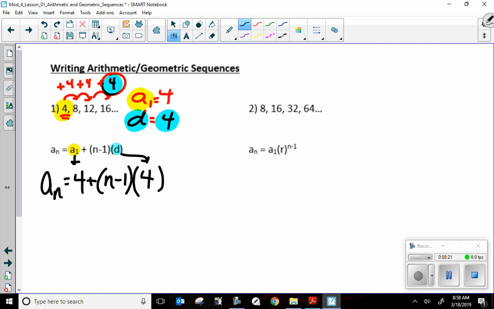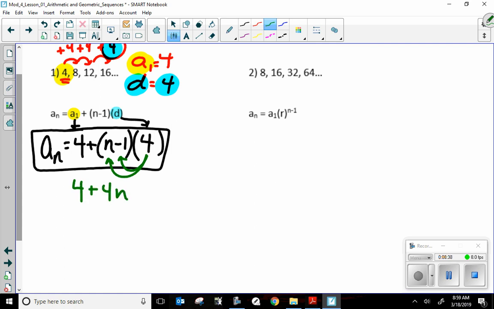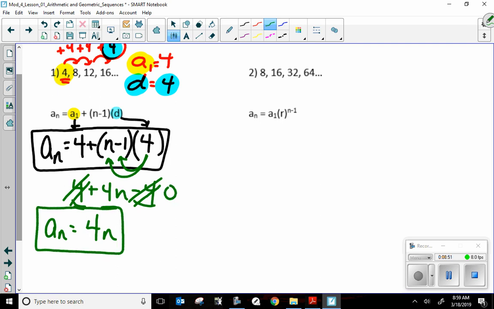Now, some people will ask, do I have to distribute that? You don't have to. But please keep in mind, short answer, this is fine. If it was multiple choice, they might distribute the 4. They might make it 4 plus 4n minus 4. And if I simplify that, a positive 4 and a negative 4 cancel. So ultimately, this is okay as well.